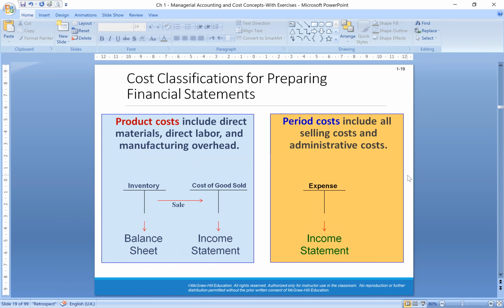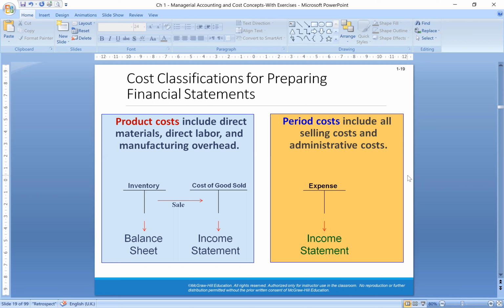Look at here, cost classification for preparation of financial statements. And this is the important topic. When we say product costs, these include direct materials, direct labor, and manufacturing overhead. And it will be an inventory as an asset in the balance sheet or financial position. And when we sell these finished goods, it will be transferred into cost of goods sold, which is reported to the income statement rather than the balance sheet.